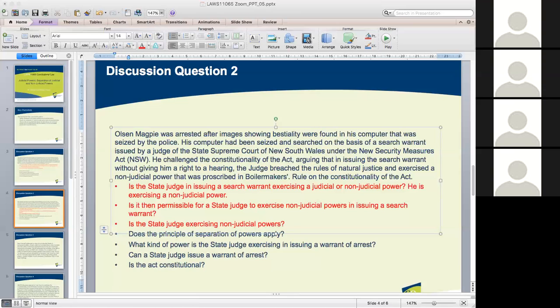The Boilermakers case has no application to the case facts because it refers to the impermissibility of the exercise of non-judicial powers by federal courts or by federal judges. The case facts, however, as pointed out by Vicky, involve a state judge. And as pointed out correctly by Vicky, in states there is no separation of powers. It is permissible for state judges to be vested with non-judicial powers.